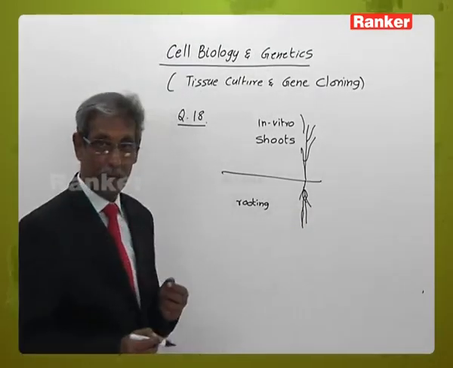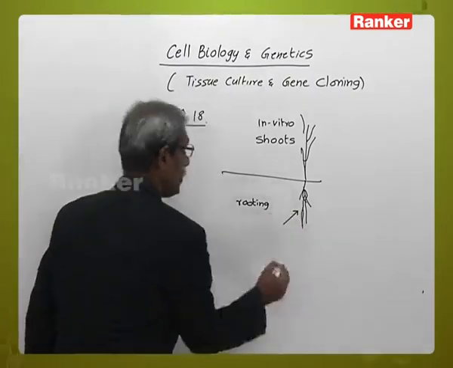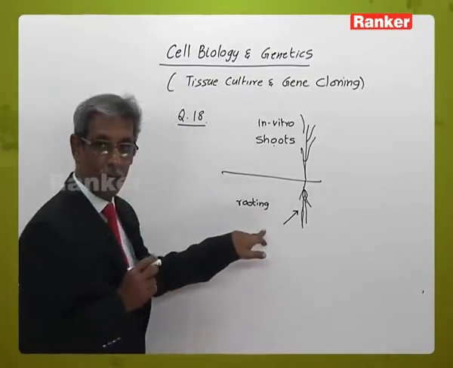So, the object here is, if we want to develop rooting of shoots, which is the growth hormone which is required here.